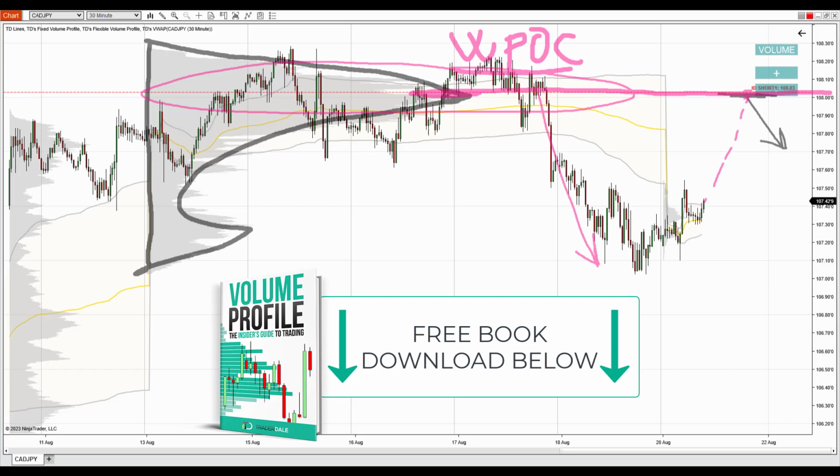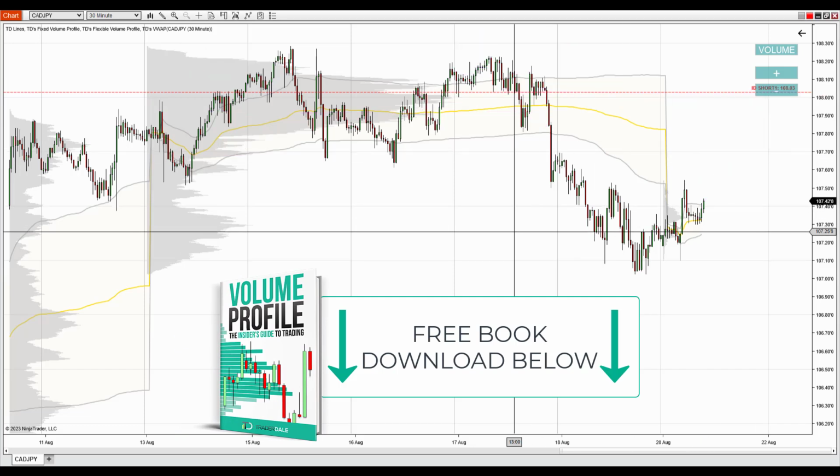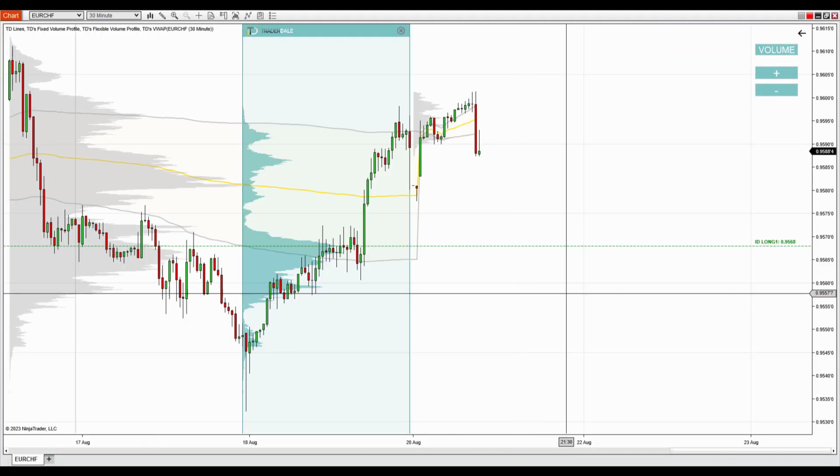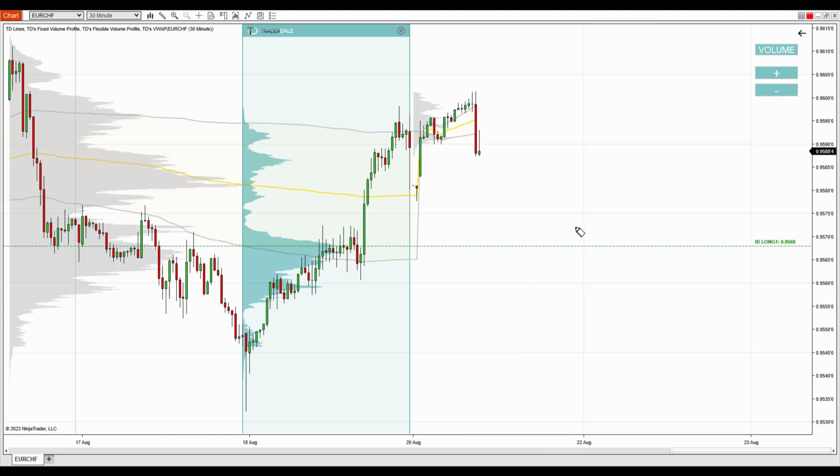And the next chart I'd like to talk about is the Euro Swiss franc. So before you, this is the 30-minute chart of the Euro Swiss franc, and I want to talk about this heavy volume zone which got followed by this aggressive buying activity.